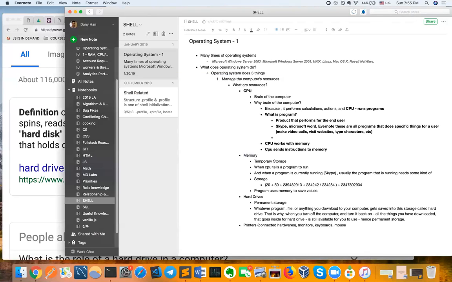Microsoft Word is a really good example. When I'm writing in Microsoft Word, before I save it, where do you think it's being saved? Before I save anything, I'm running the program called Microsoft Word and typing all these characters, and I'm not saving anything. Then when my computer shuts off, if I didn't save it, my paper is gone.